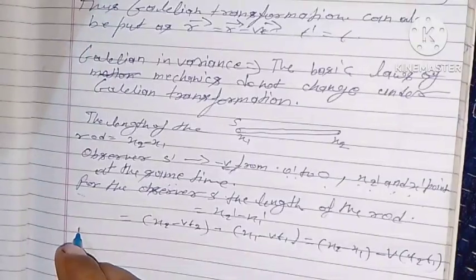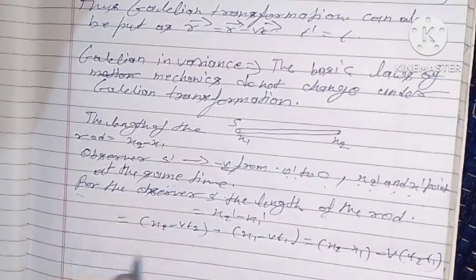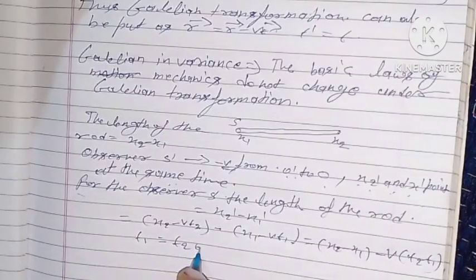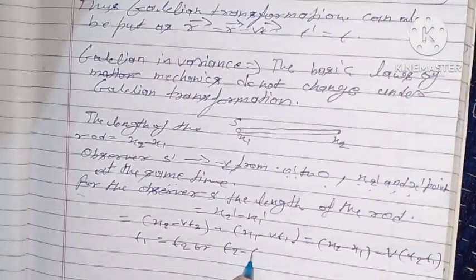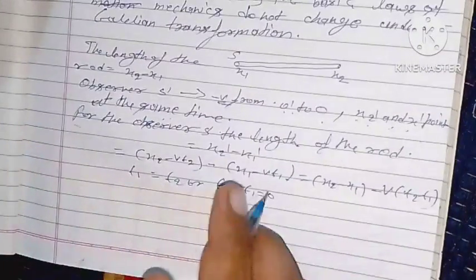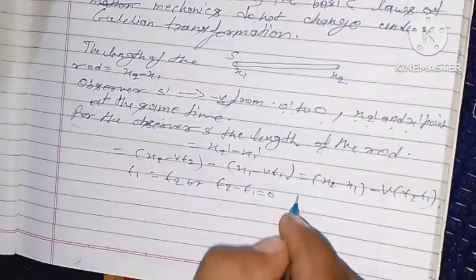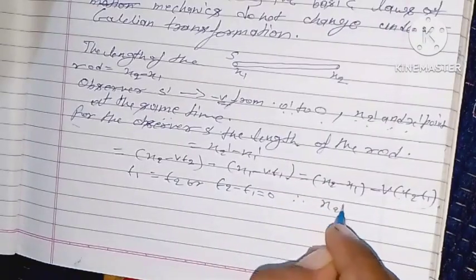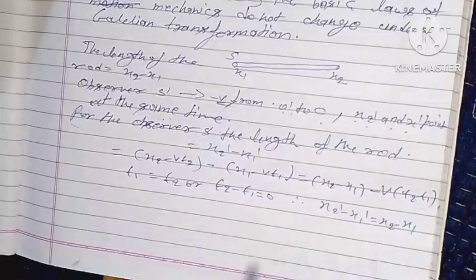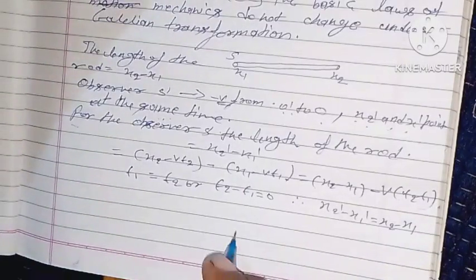But the ends of the rod have been observed at one and the same time, so t1 equals t2 and t2 minus t1 equals 0. So x2 dash minus x1 dash equals x2 minus x1.